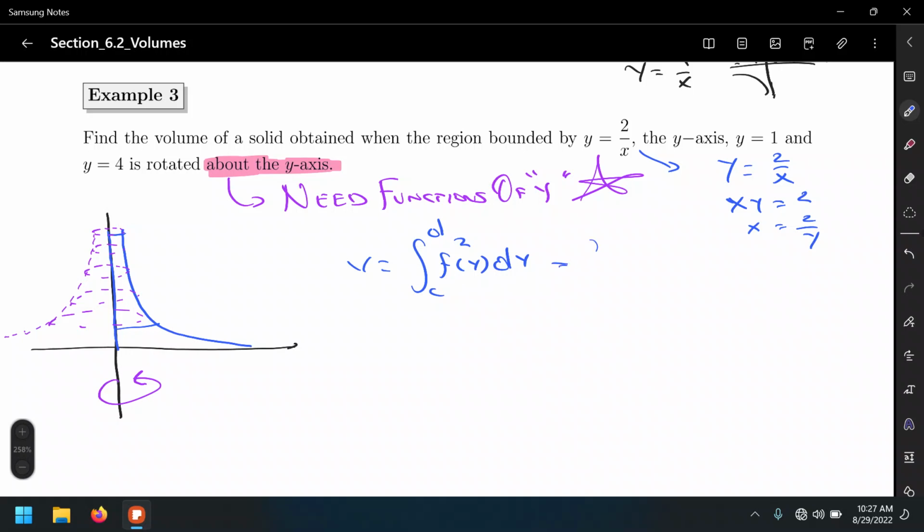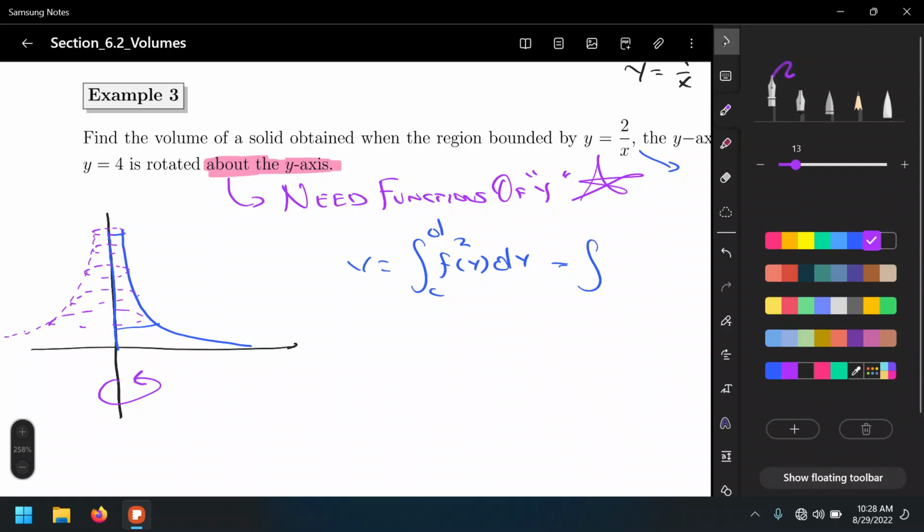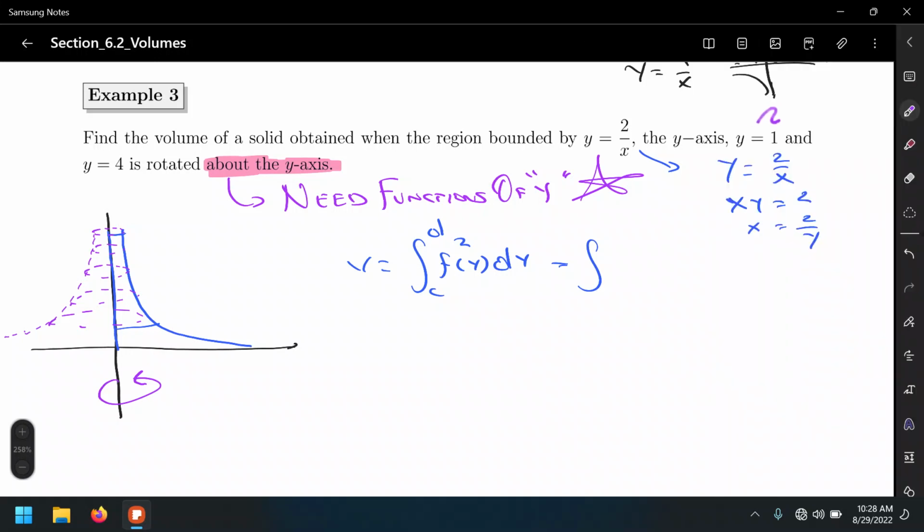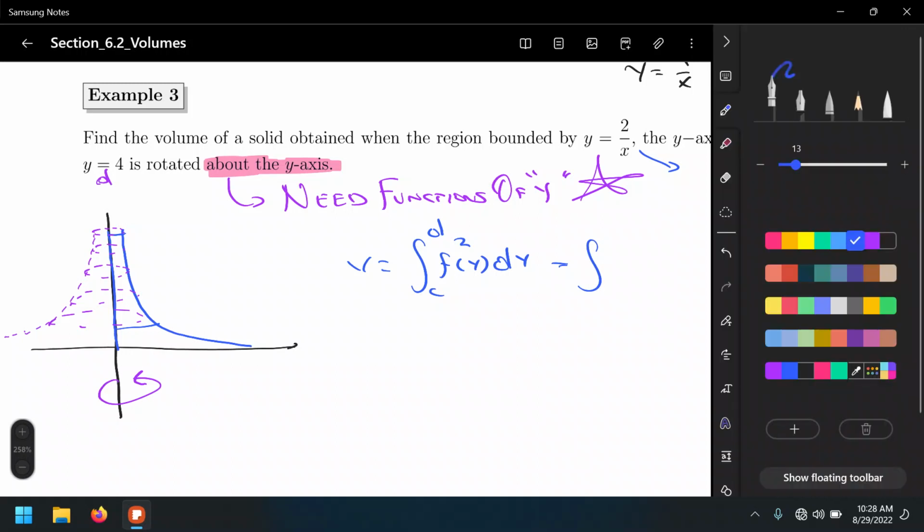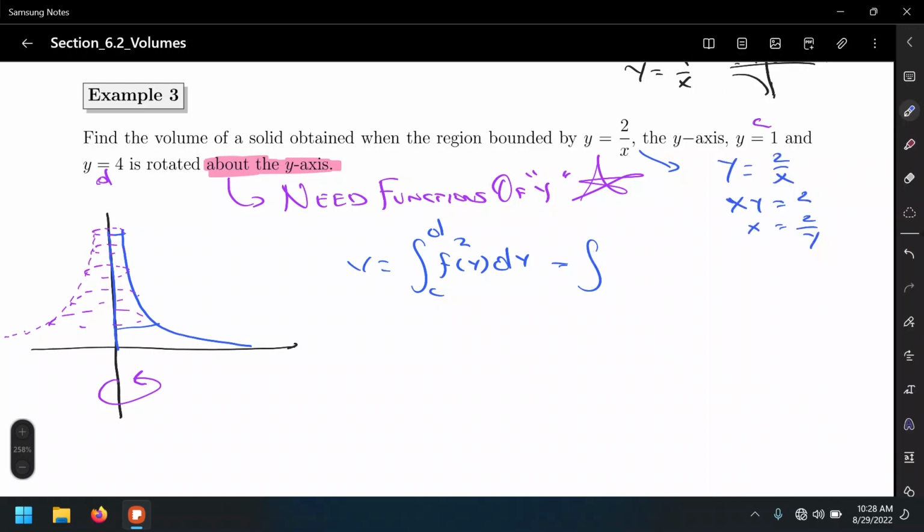So that's the integral. They gave us the limits of integration, y equals 1 and y equals 4. Let's call this the c, and this the d. Oh, I forgot the pi here, and that's from 1 to 4 of 2 over y, quantity squared, dy.